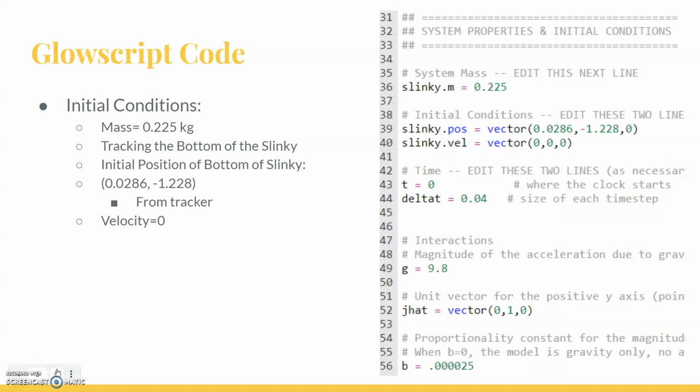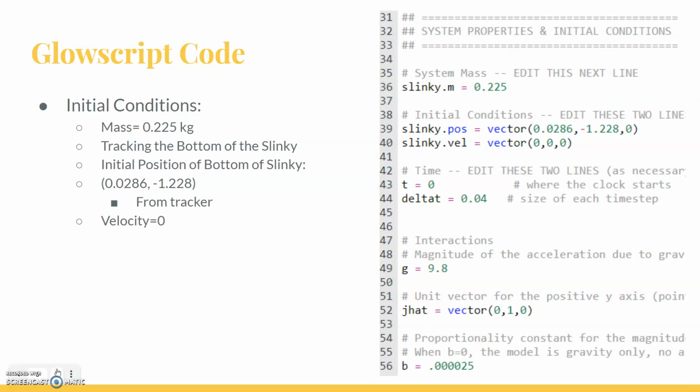I used the initial conditions that the mass of the slinky was approximately 0.225 kilograms, which I got from Google. I tracked the bottom of the slinky, so the initial position of the bottom was 0.0286 and negative 1.228. This I got from Tracker and inputted into my GlowScript code.